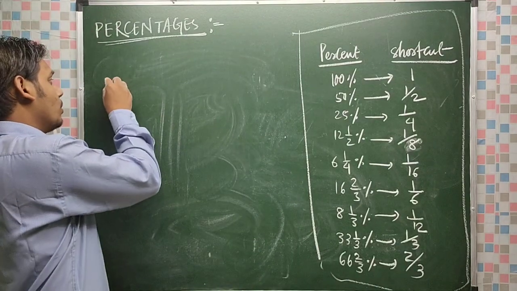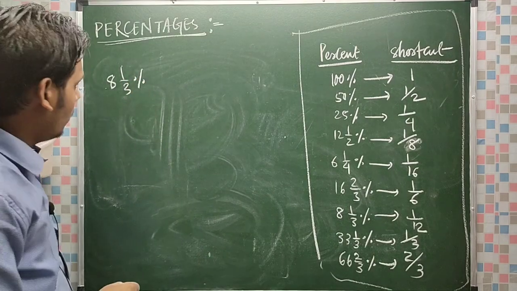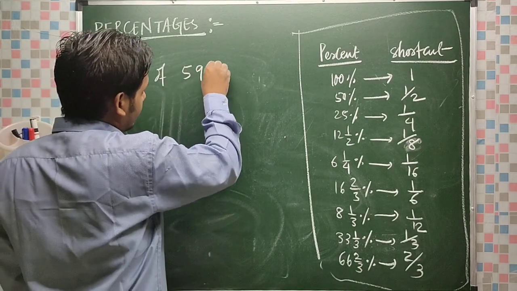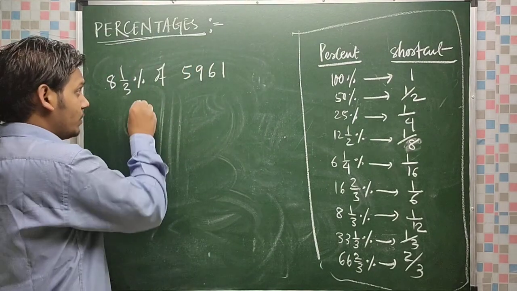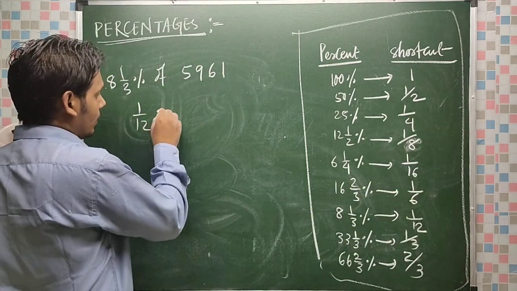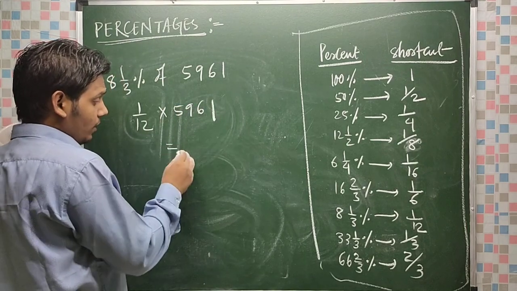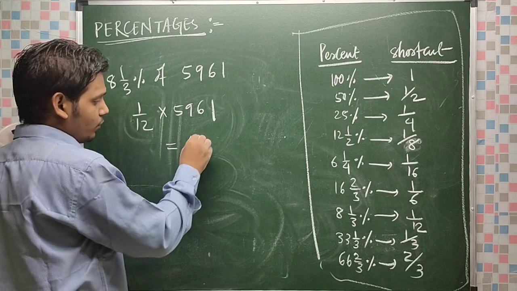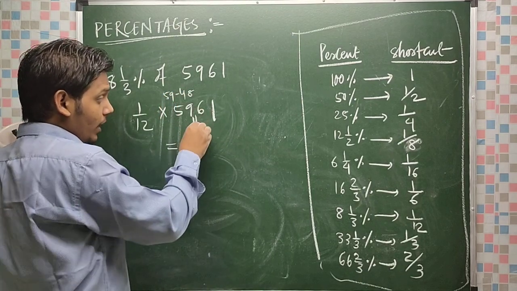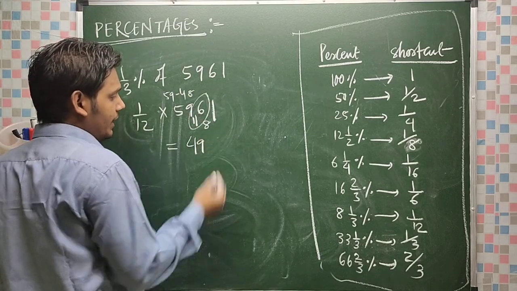Now 8 whole 1 by 3% of 5961. That means 1 by 12. 8 whole 1 by 3 means 1 by 12 into 5961. So 12 4 48. 59 minus 48 is 11. 116 now. 12 9 108. That means 8, 81.